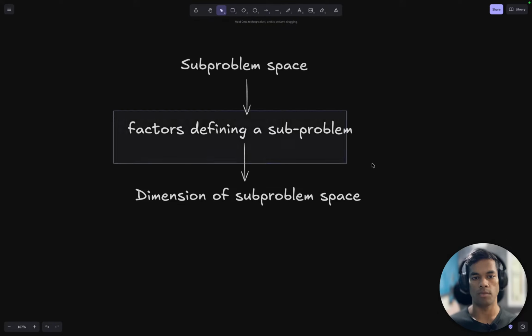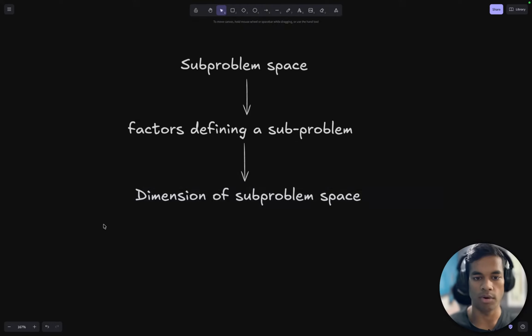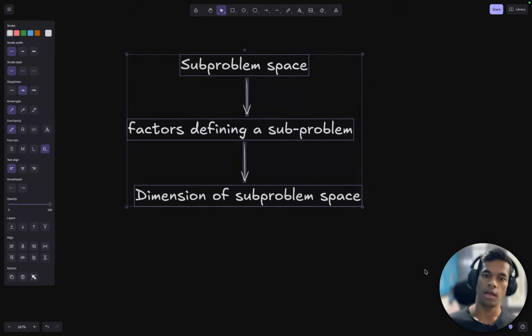When we know the number of factors defining a subproblem, it tells us the dimension of the subproblem space. We can use it to find out the dimension of the subproblem space that we have to solve.